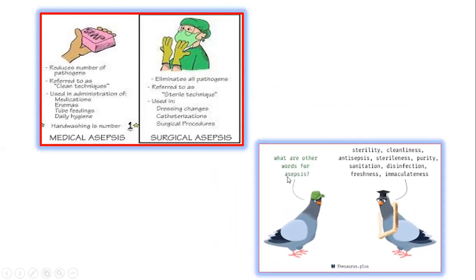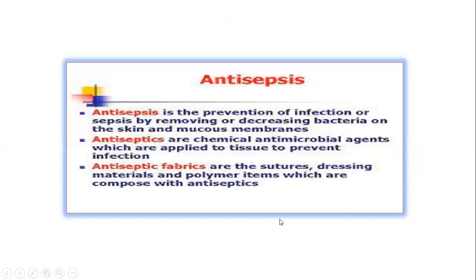Are there other words for asepsis? Sterility, cleanliness, antisepsis, steriliness, purity, sanitation, disinfection, etc. Antisepsis is the prevention of infection or sepsis by removing or decreasing bacteria on the skin and the mucous membranes.